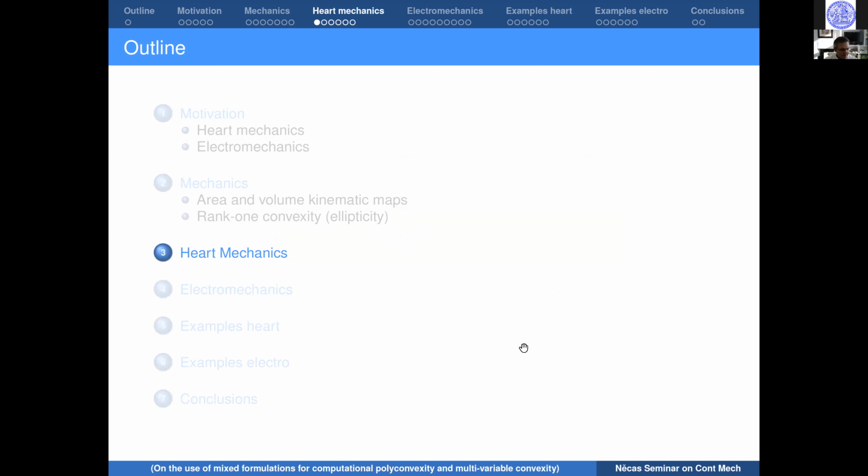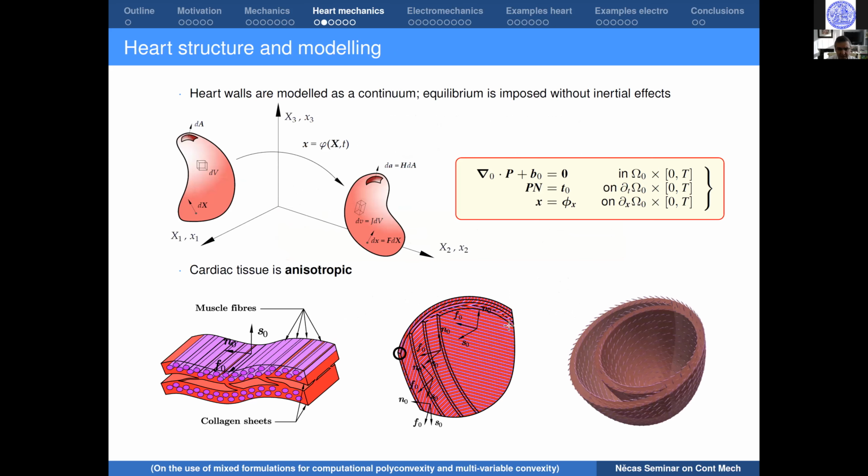Okay, now that we have these basic ingredients, let me show you how we exploit this in the context of heart mechanics and in the context of electromechanics. So in the context of heart mechanics, in a nutshell, the equations that we're going to be solving from the mechanical point of view are the standard ones: conservation of linear momentum, in the pseudostatic case an equilibrium equation, subjected to appropriate traction and displacement-based boundary conditions.